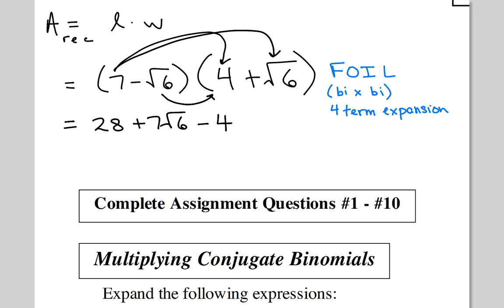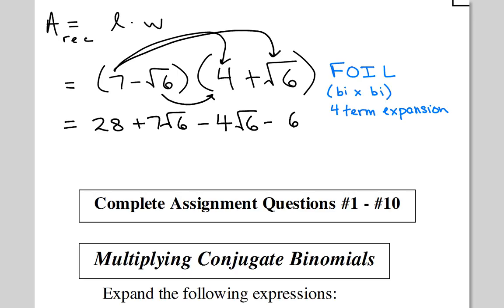And then we have this radical 6. And now the last term, you have a negative 1 times positive 1 for coefficients, so negative 1. You don't have to write the 1. And then root 6 times root 6, 6. And that's going to happen so much in the next couple days that hopefully you just memorize it. Root x times root x is x.